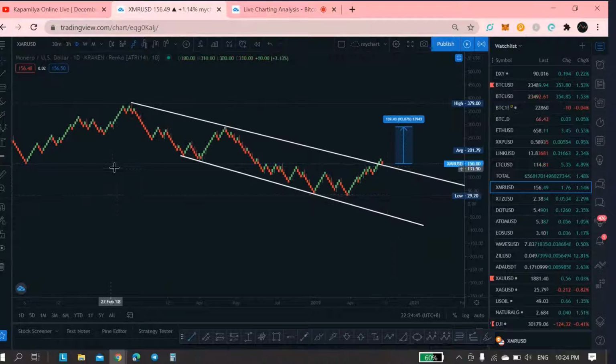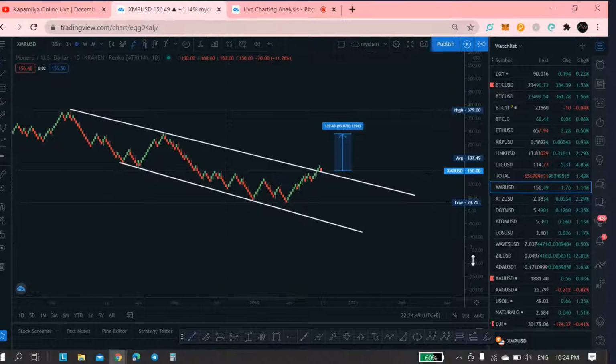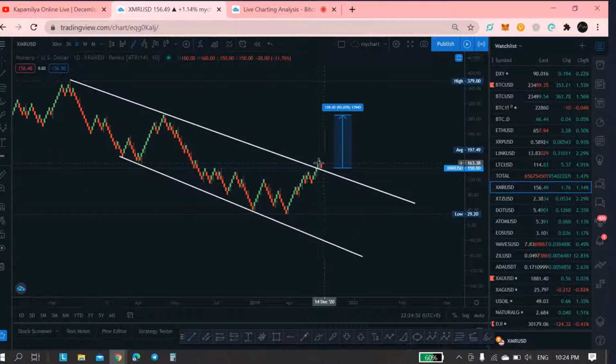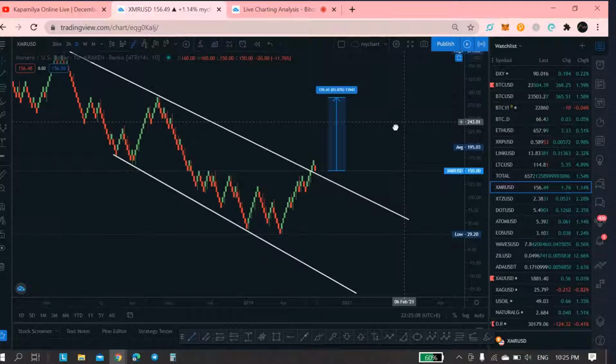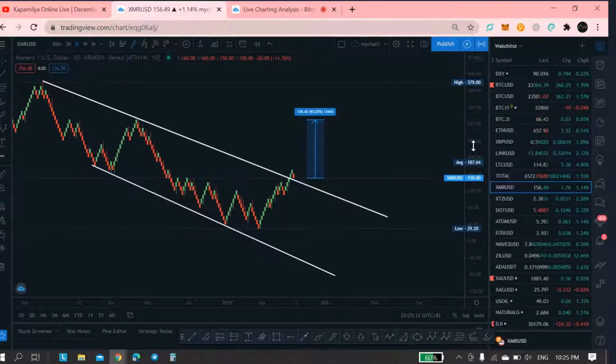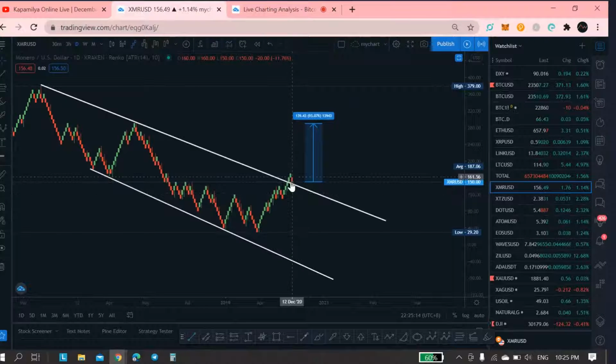So from 2018, from a long-term downtrend area, it now broke that area, but is currently retesting it. Since it's holding at this area, I think this is just a retracement.